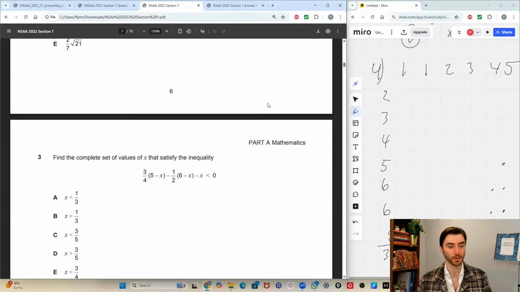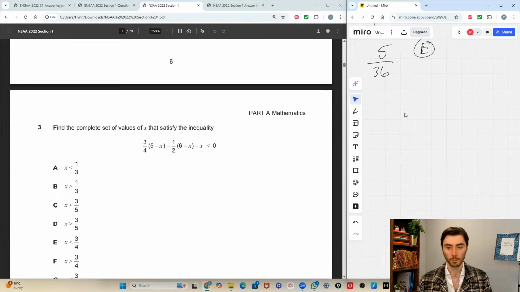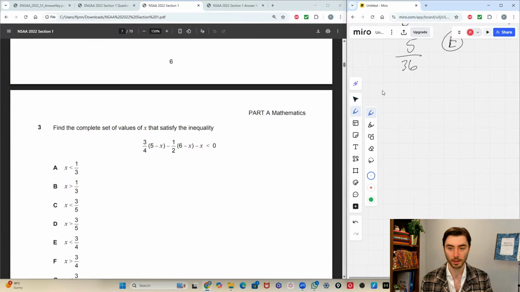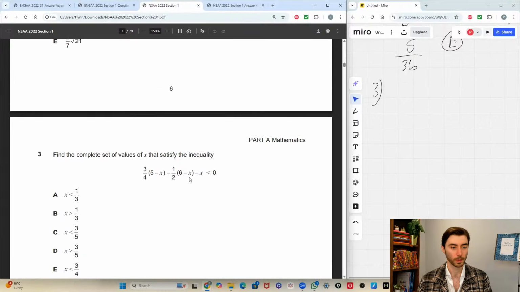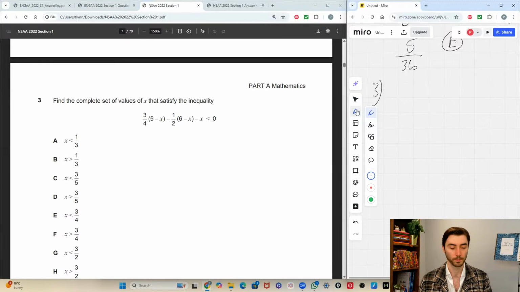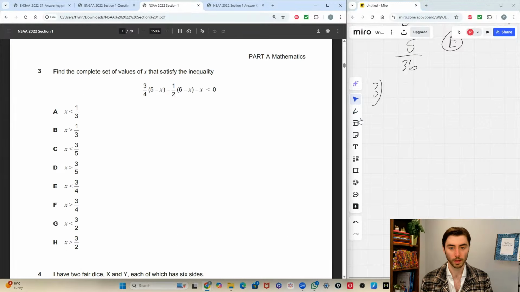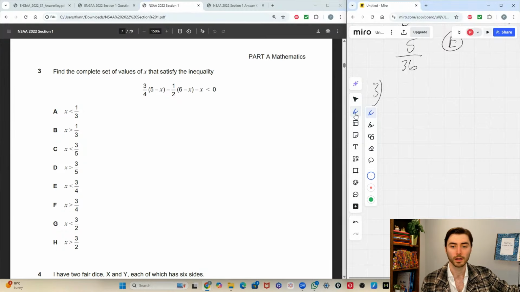Split time, not forgetting. 3. So find the complete set of values for which that's true. So let's multiply the whole thing by 4.